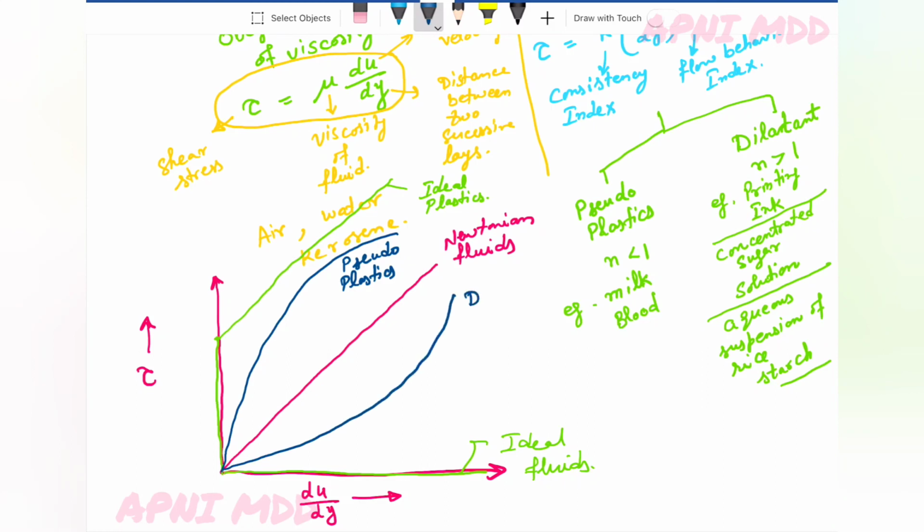So this is dilatant. So this is how you can represent different types of fluids along the tau and du by dy curve. So these are the different types of fluids we have.